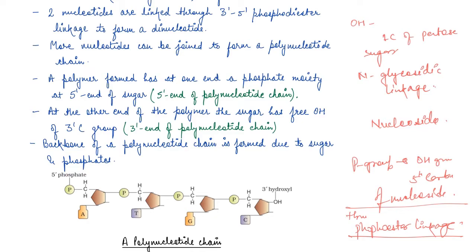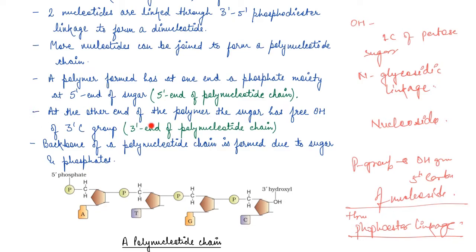Now a polymer formed has one end that has a phosphate moiety, right? Which is at the 5' end of sugar. So one end has phosphate at fifth carbon, which is known as the 5' end of polynucleotide chain.